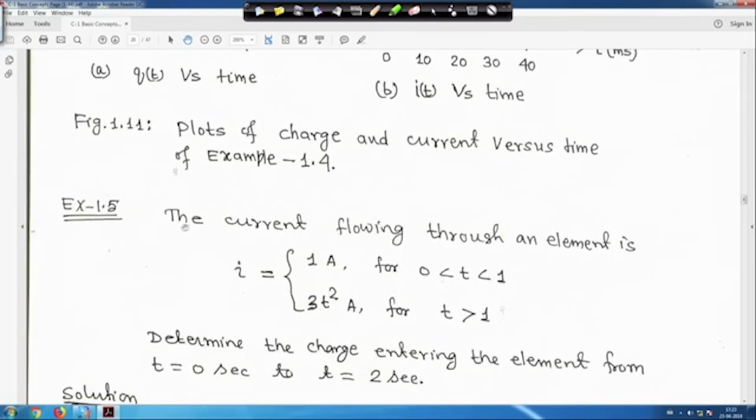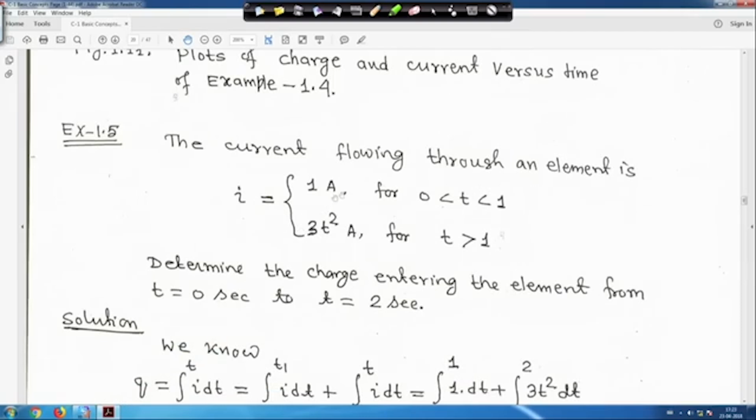Another example, 1.5. The current flowing through an element is i is equal to 1 ampere for t greater than 0 and t less than 1, and it is 3t square ampere for t greater than 1. So in between 0 and 1 the current is constant at 1 ampere, and for t greater than 1 it is 3t square ampere.